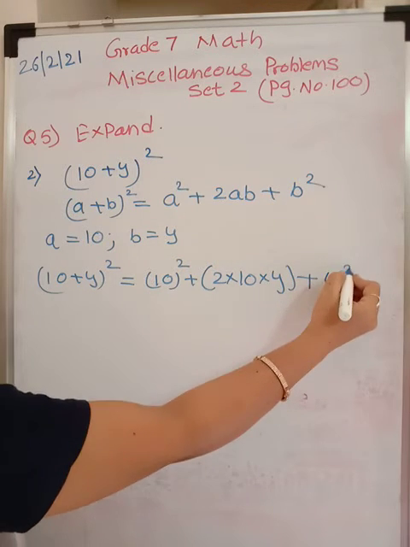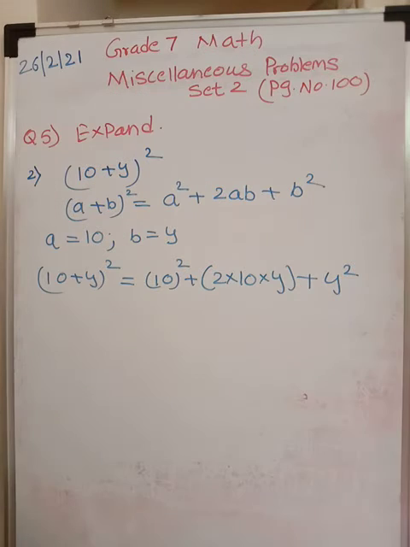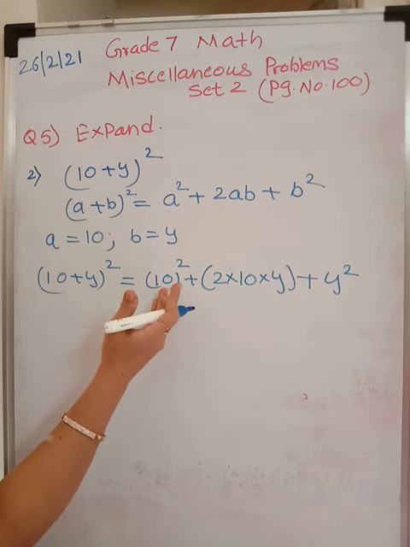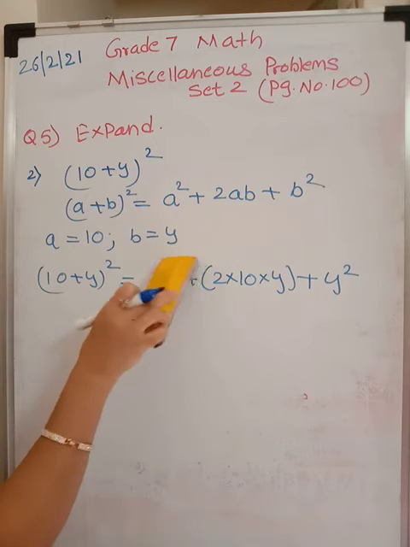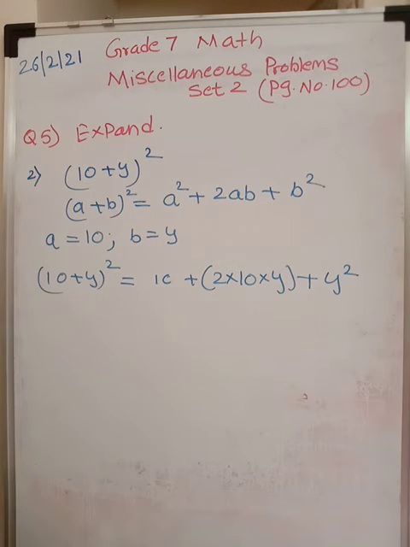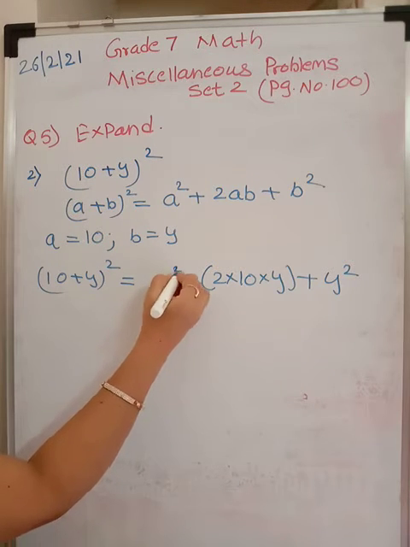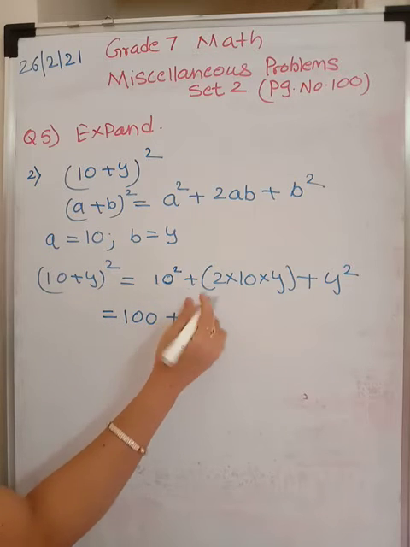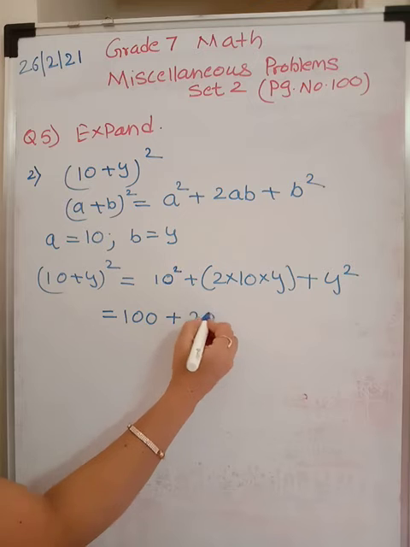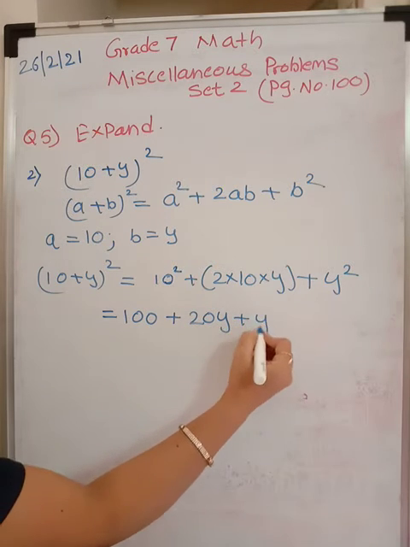y. So y square. Here two elements are not there in that term and therefore I can write without bracket also. So you can write just 10 square. There is only one element over here. So 10 square is how much? 100 plus 2 tens are 20 y plus y square.